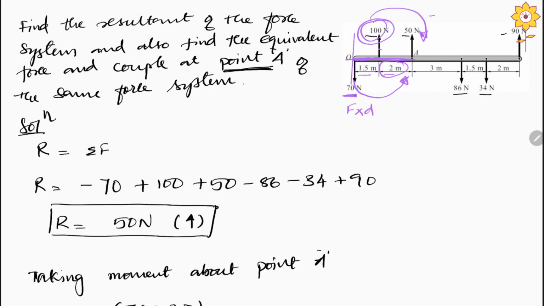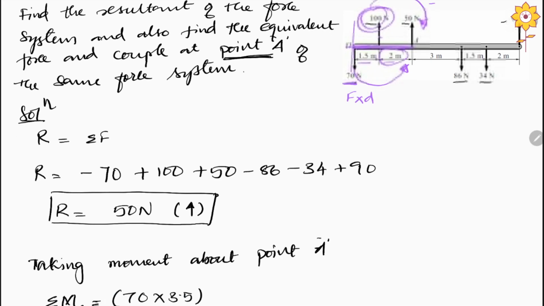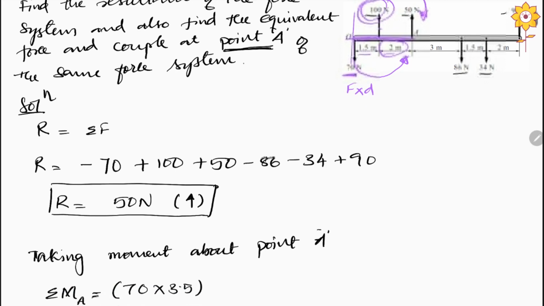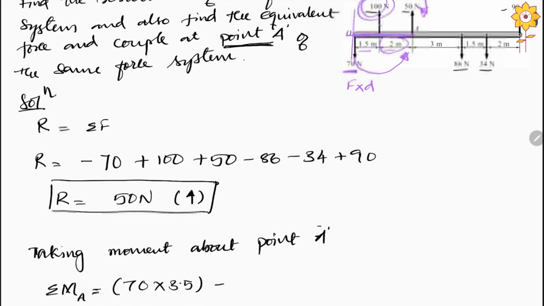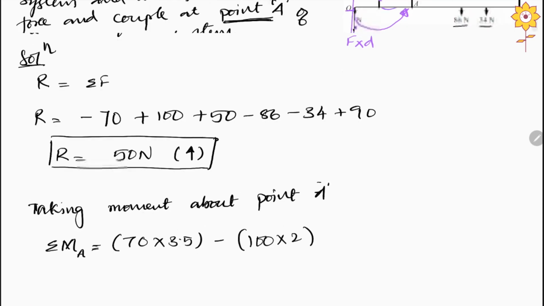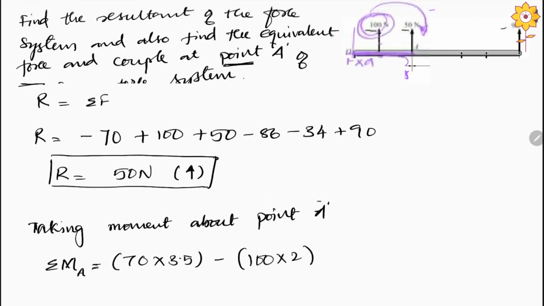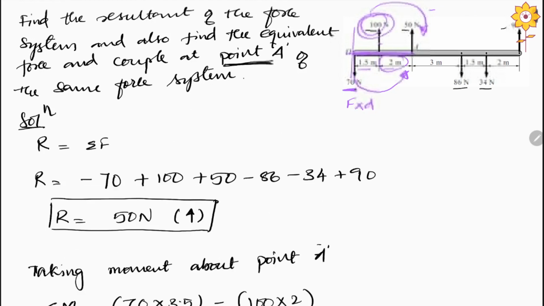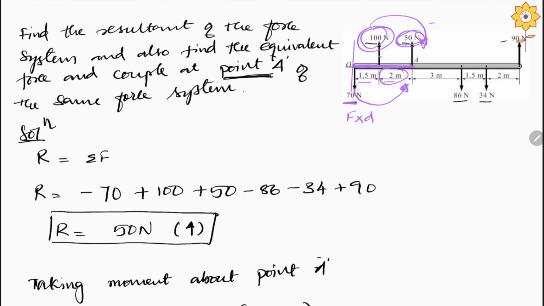So minus 100 into 2 meter. Now we can go with the third one. Since this 50 Newton is acting on the same point A, there is no distance, so it will become 0.